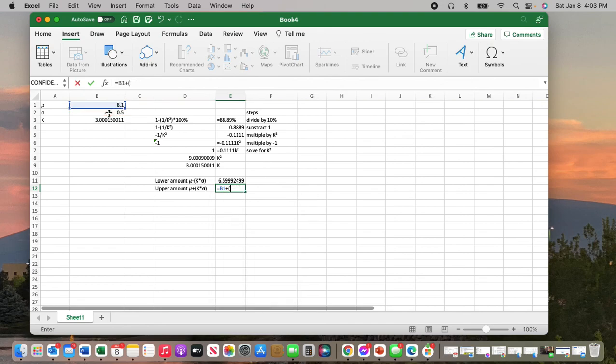It doesn't matter, but I'm just going to type the k first to follow the rules, and close my parentheses, and that would be the two values. According to the homework, this should be to 2 decimal places.